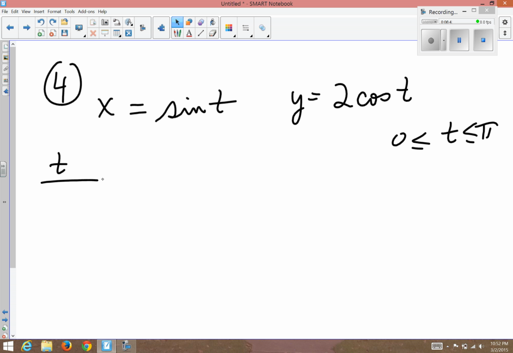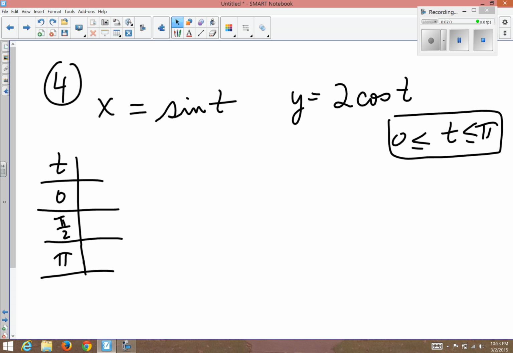So we make a t column where t goes from 0 to 5. You can get from 0 to 5 any way you want. So you just use the t values 0, pi over 2, and pi. You could use more numbers than this. They all have to be between 0 and 5. When t is 0, x using that is 0. When t is pi over 2, x is 1.